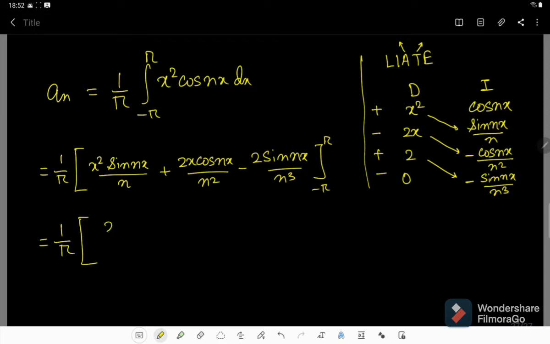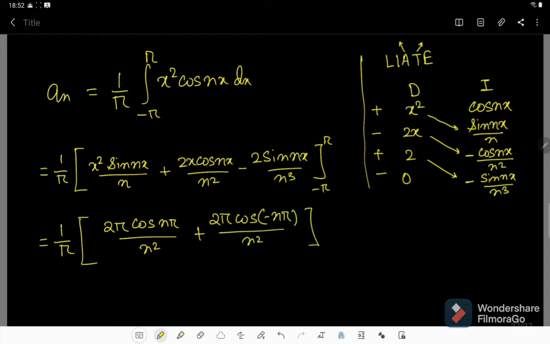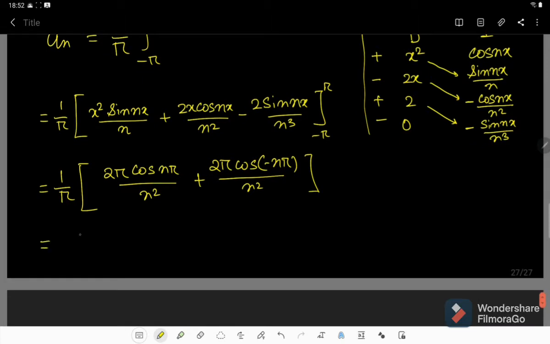So, I write 2 pi cos n pi by n square minus minus plus 2 pi cos of minus n pi by n square. You know that cos of minus n pi is actually cos n pi, as cos x is equal to cos minus x.